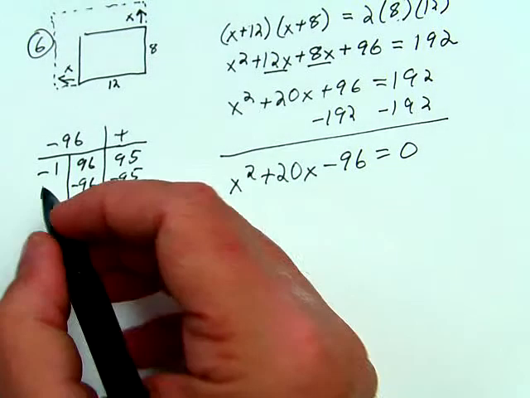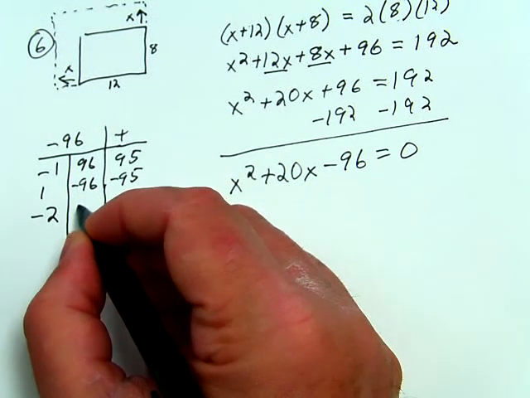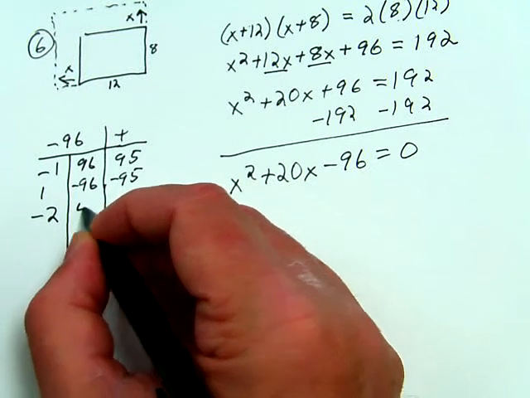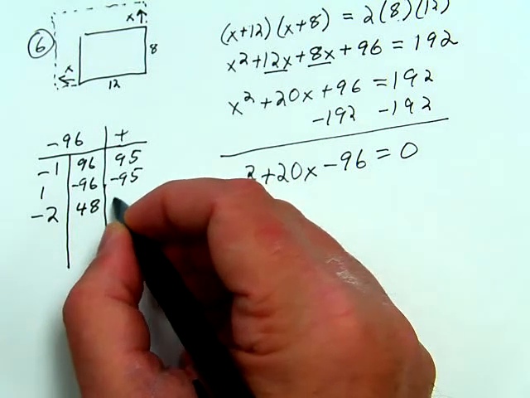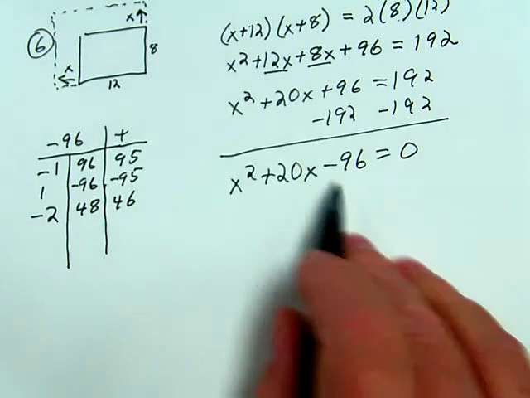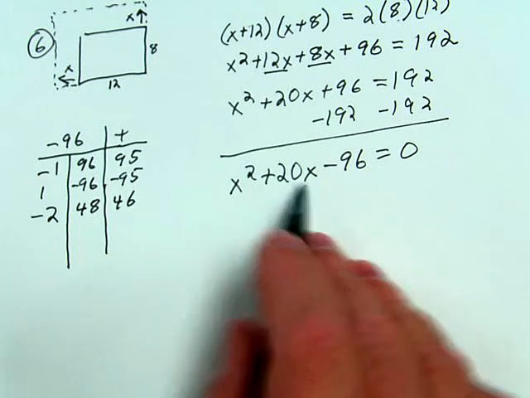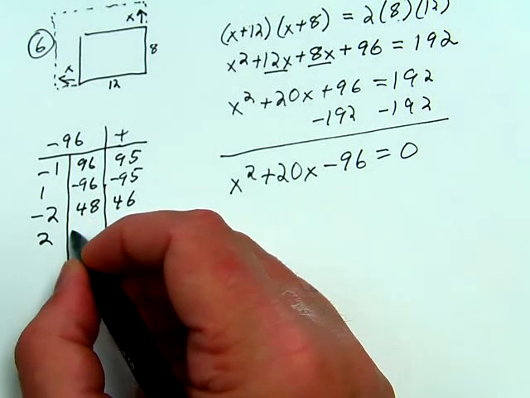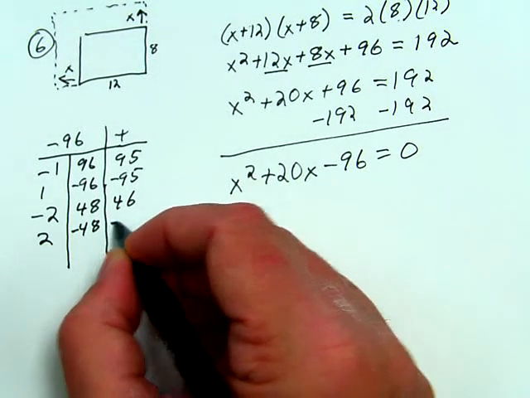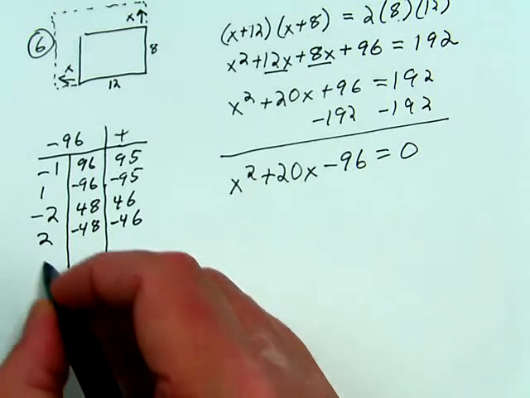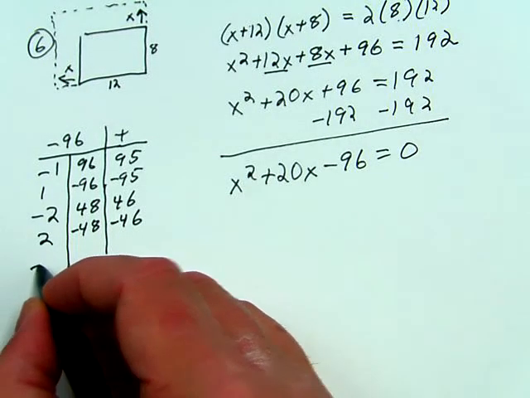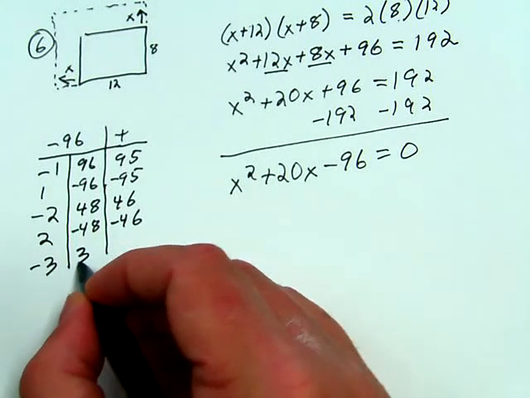That's not right yet. So let's try negative 2 and 48. And that's a 46. Well, that's not 20. Remember, we're looking for 20. So we try the opposite of that, 2 and negative 48. Well, that's negative 46. So let's try negative 3 and 32.